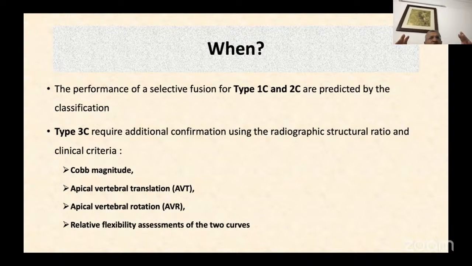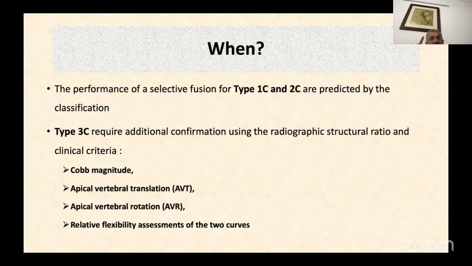Therefore, as per the principle of scoliosis correction, all the structural curves need to be fixed. When you say a Lenke 1 curve, that means the thoracic curve is structural, and the C means the lumbar modifier is crossing the midline. But basically, when you are doing a selective fusion, you are fixing only the structural curve.